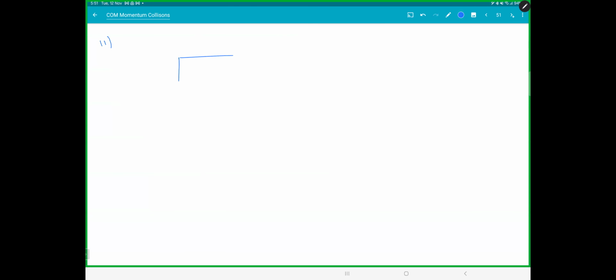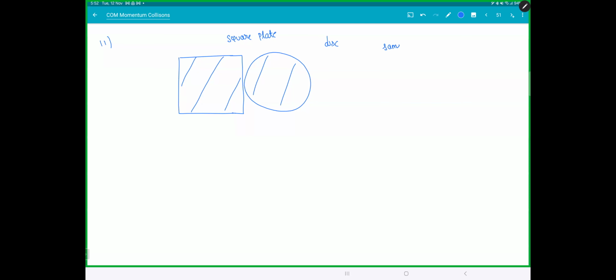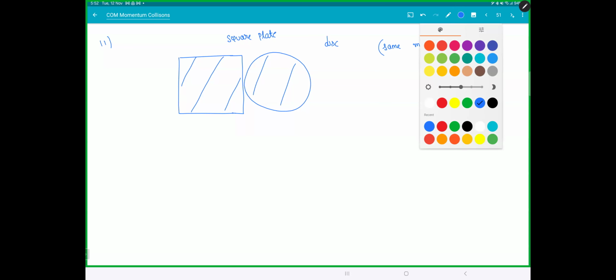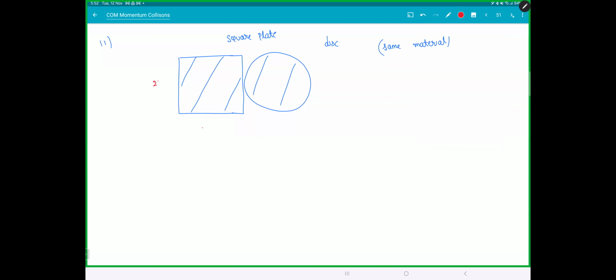Let's say we have a square plate. And we have a disk. Both are made of same material. This is 2r, 2r, and this is 2r.